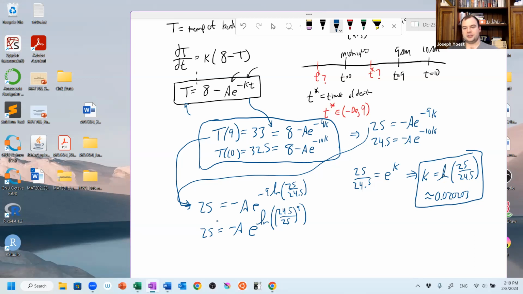And e to the log of stuff is just the stuff. So 25 equals negative A times log of 24.5 over 25. Oh, not log. Making all kinds of mistakes today. Maybe it's good that I'm planning to end a little early. Negative A times this to the 9th power.